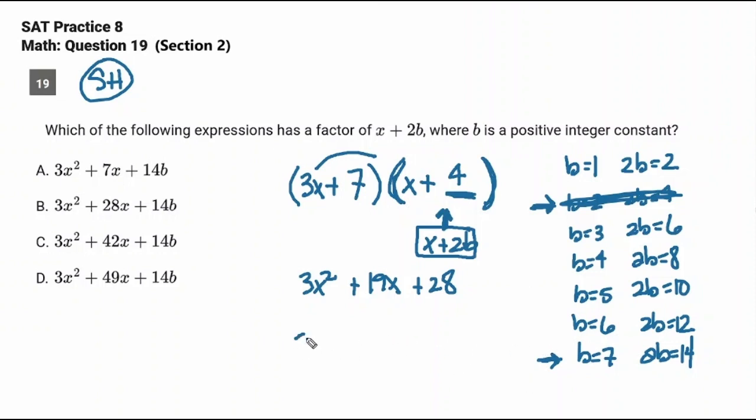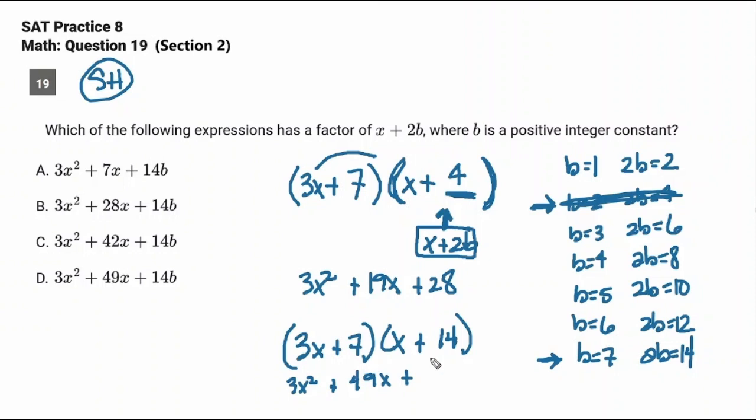And when you do that, you're going to get 3x plus 7 times x plus 2b, which is 14. That's 3x squared plus 3x times 14. Might do it on your calculator. That's 42x plus 7x. That's 49x. Plus 7 times 14. You definitely want to do that on your calculator.